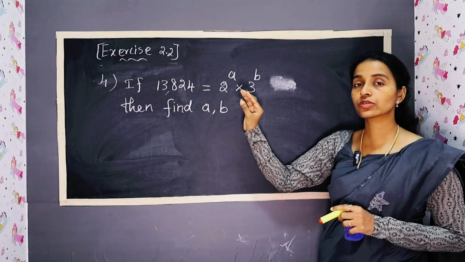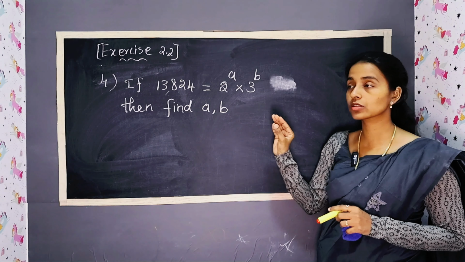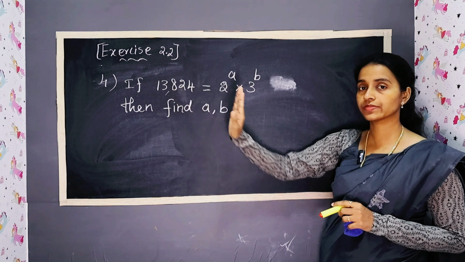So we should find out the factors of this number. How much? 13,824. For that we have to use the L method. In previous examples also we used the L method for finding factors. What is the L method?